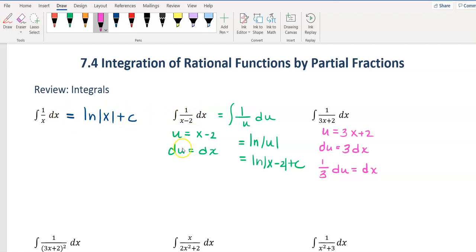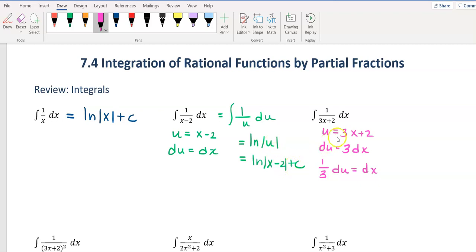The second one, you would have needed to do a small u substitution, with u being x minus 2, and then taking the derivative of u, which gave us du, taking the derivative of x minus 2, which is just 1 dx, or just dx, replacing all of those x terms in terms of u in our integral, which would give us the integral of 1 over u du, taking the antiderivative, which would be the ln of the absolute value of u, and then replacing u with x, and don't forget your plus c.